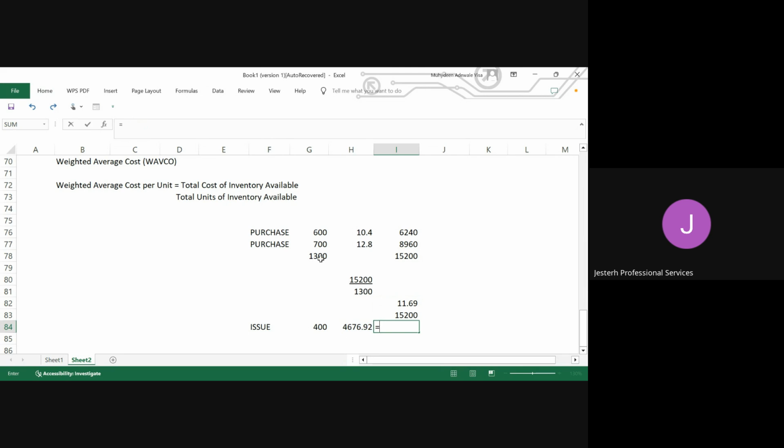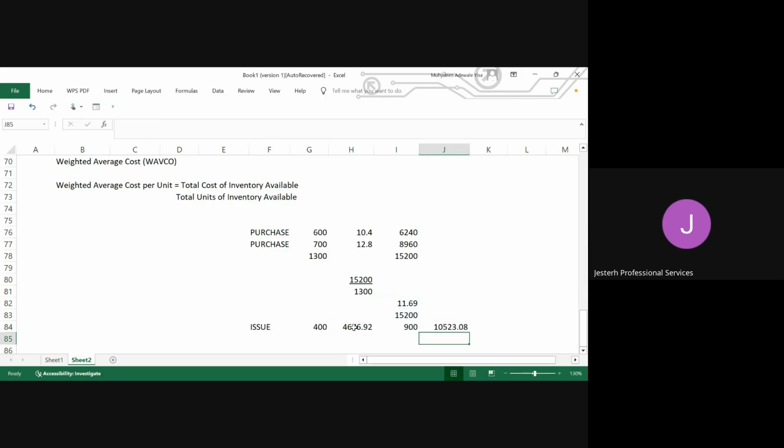Now, how are we going to get our closing value? You just say, the total value of what you had before, which is this, minus the value of what you issued out, like we did in the first one.